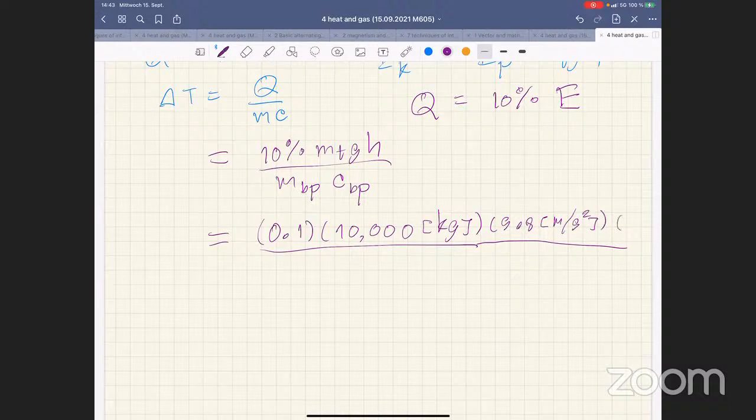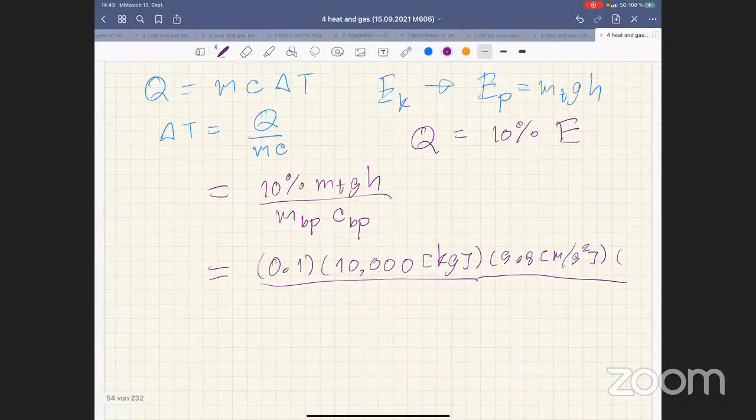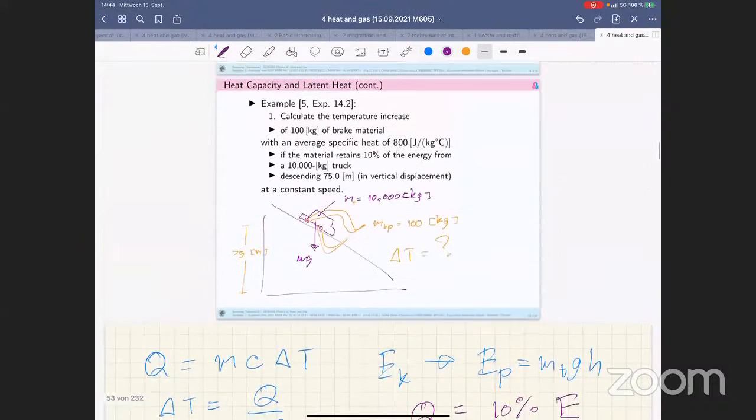And h is the height of this track, which is 75 meter. And the mass of the brake pad is 100 kilogram, which is heavy too.